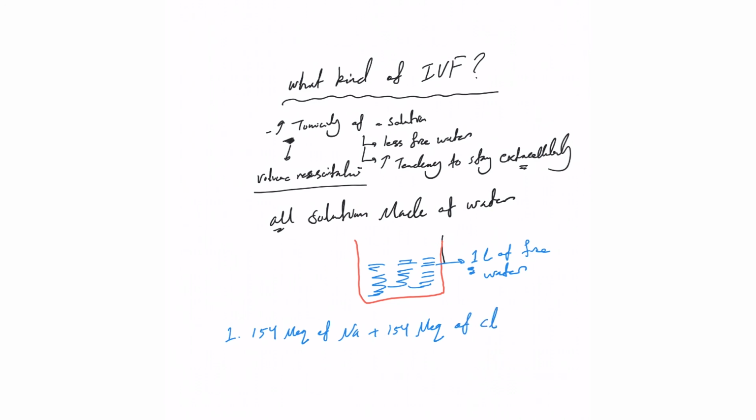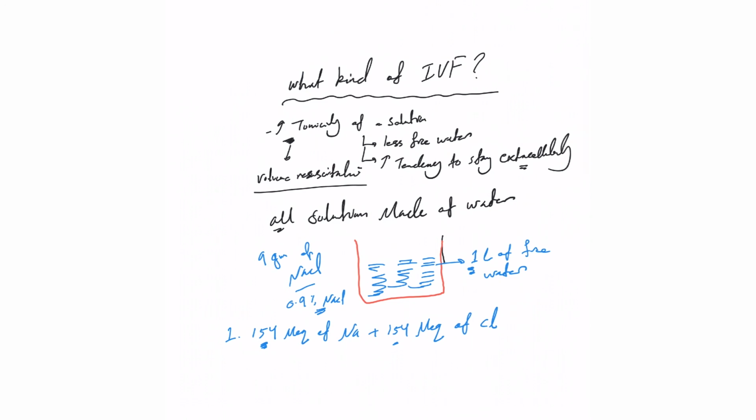And the way they do it, actually, they put 9 grams of sodium chloride into this. So 9 grams of sodium chloride, you just put it in this 1 liter of free water. That will give you the 0.9% NaCl solution, and this will give you this concentration of sodium and chloride. So simply by adding this to 1 liter of fluid, I made a liter of normal saline solution.